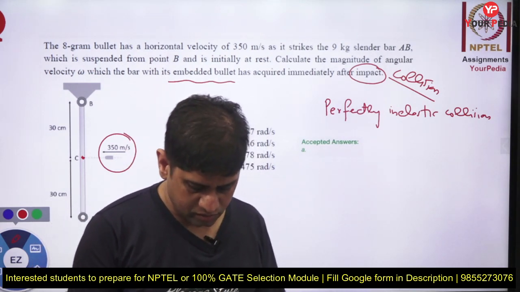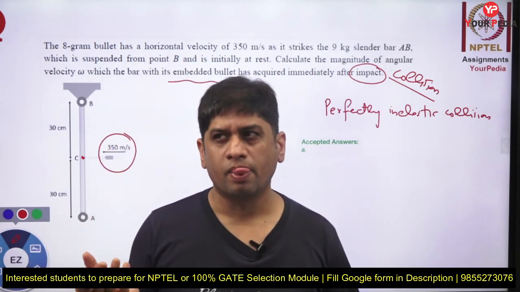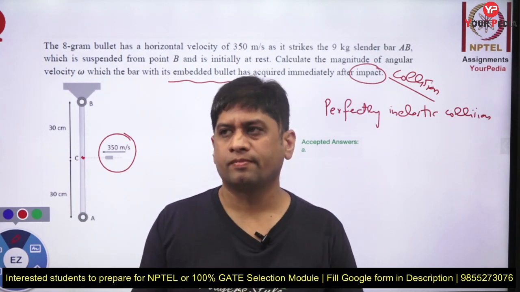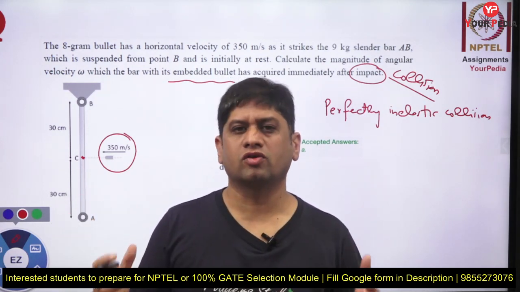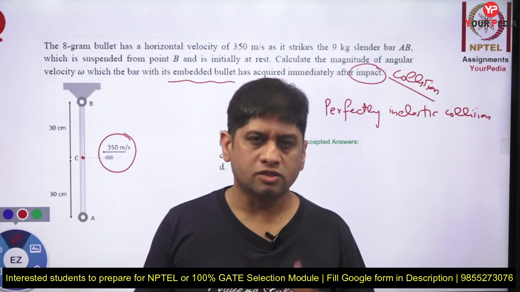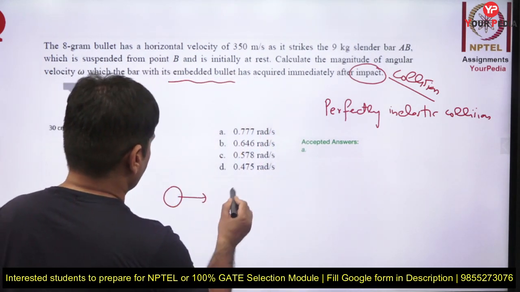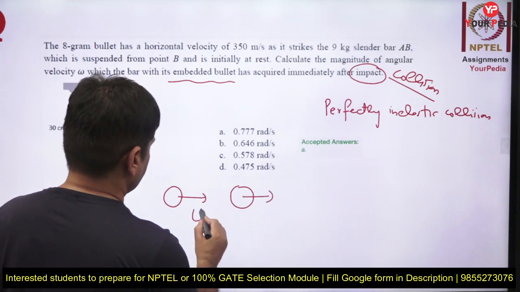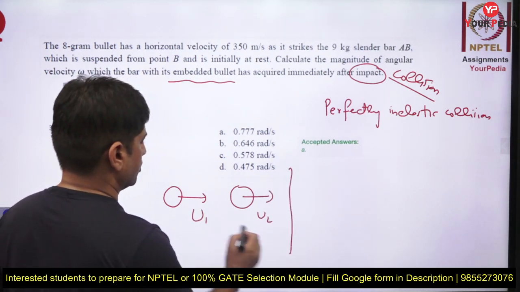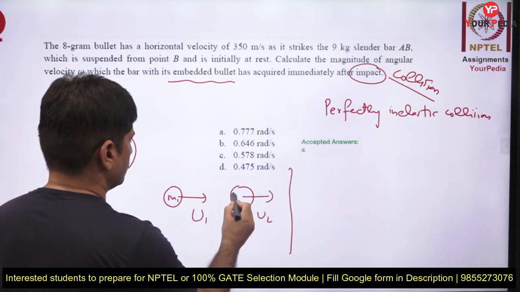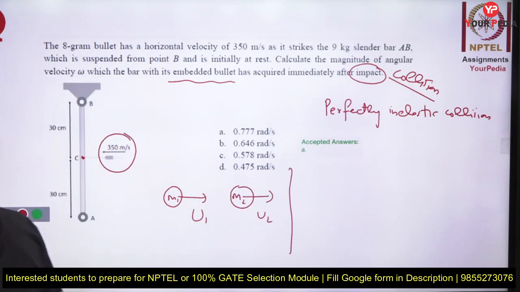There is a coefficient of restitution, which is defined as velocity of separation over velocity of approach. Suppose there are two bodies involved in collision. These two bodies are colliding with one another. Bodies are moving with velocities u1, u2. These are two bodies of mass m1, m2. Before collision, their velocities are u1, u2.